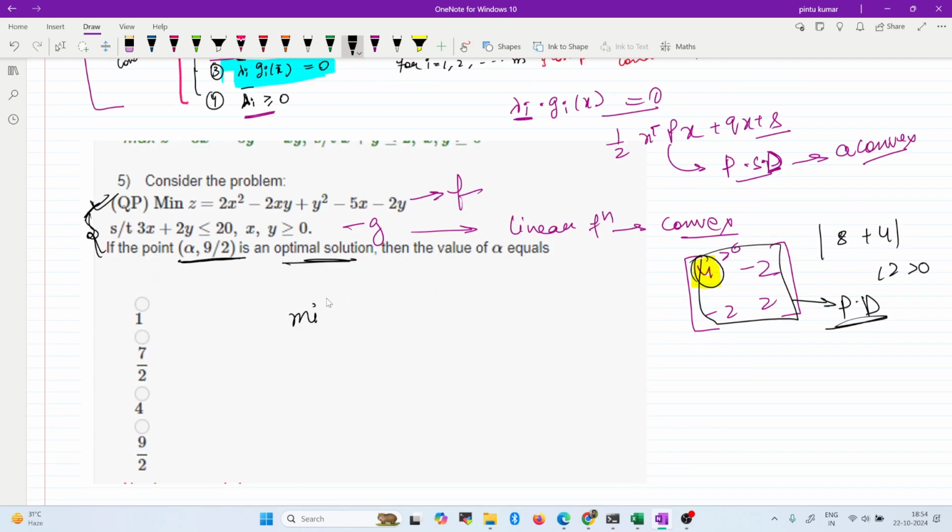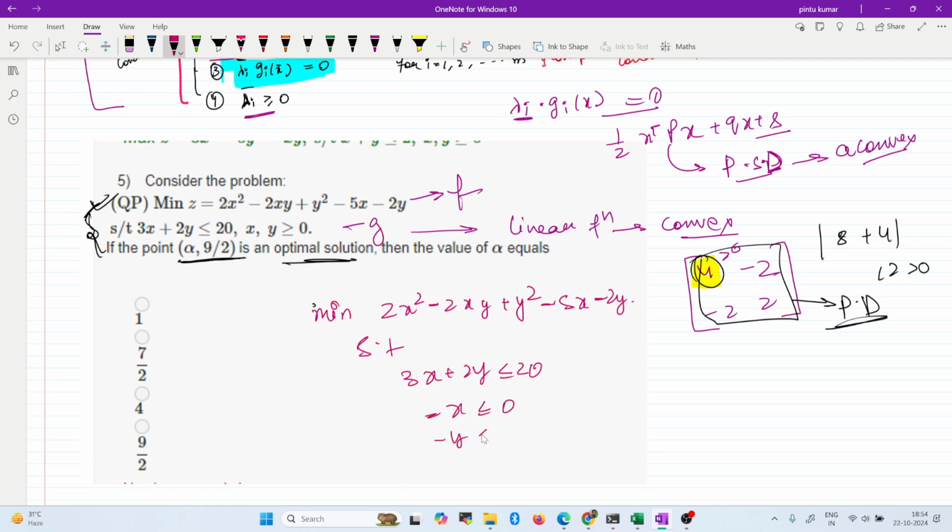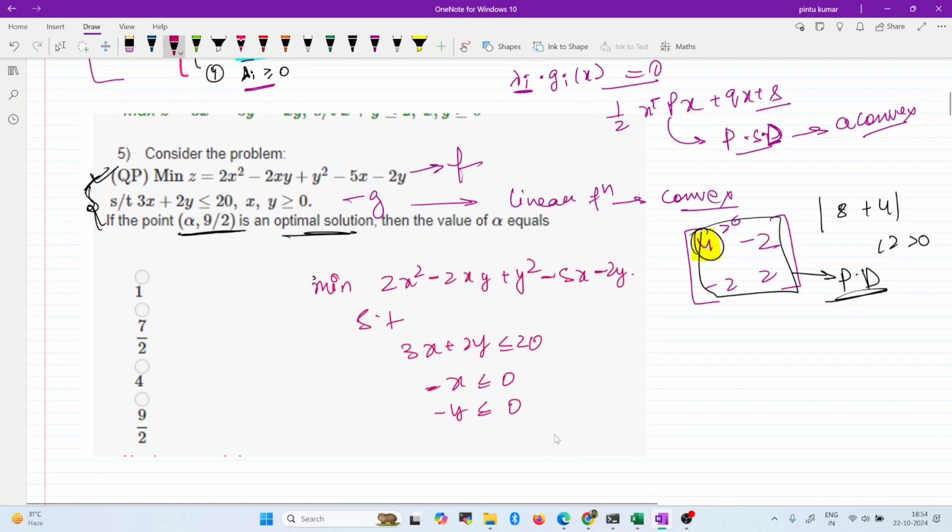This is minimum 2x square minus 2xy plus y square minus 5x minus 2y, subject to 3x plus 2y less than or equal to 20, minus x less than or equal to 0, minus y less than or equal to 0.